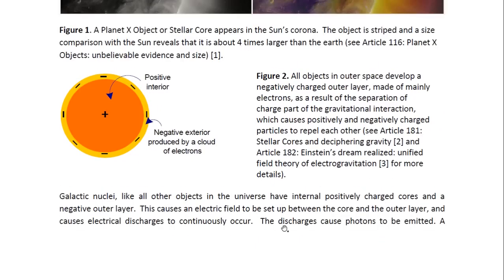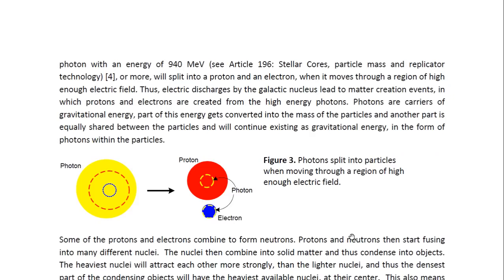And this potential difference will cause discharges to occur between the layers. In other words, there will be discharges or lightning in the sun's outer layer as a result of this potential difference. And discharges cause photons to be emitted.